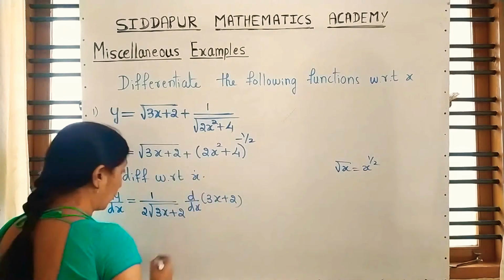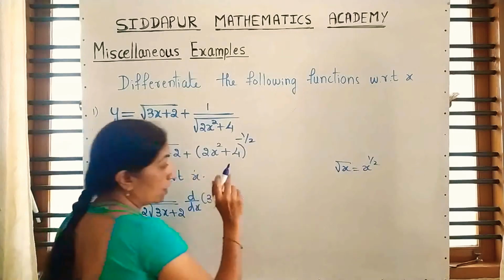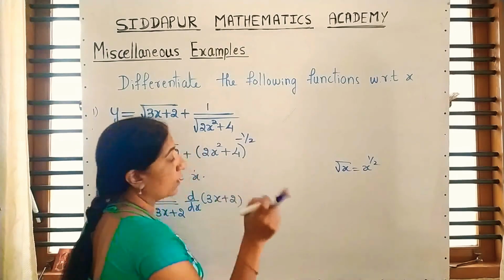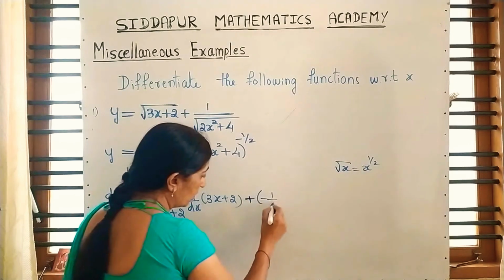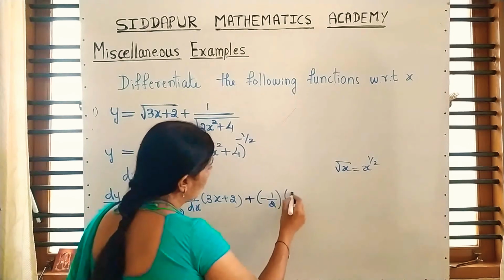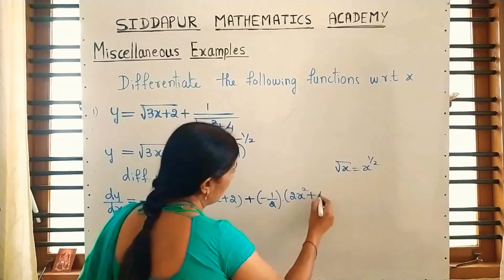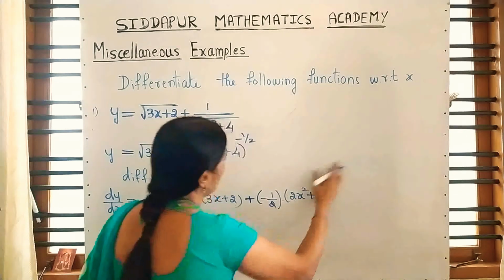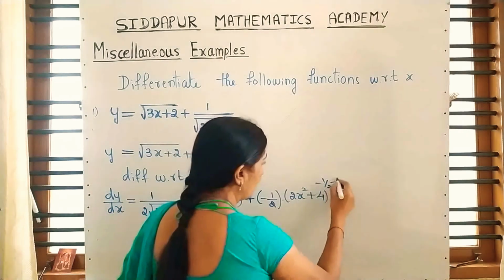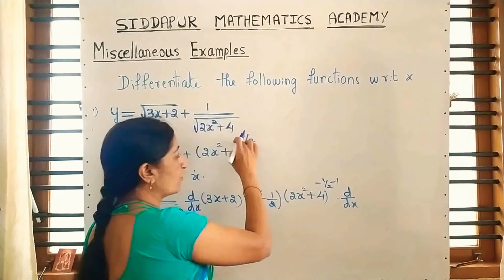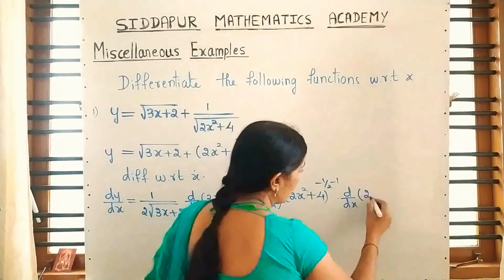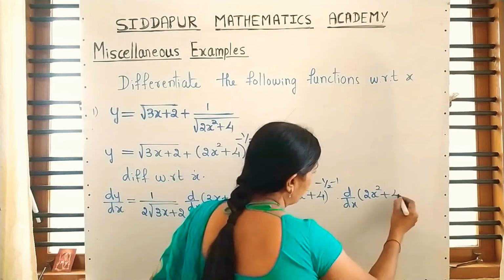Here this is in the form of x raised to n, that is n into x raised to n minus 1. This is plus and this is minus. Plus this is minus half, 2x square plus 4 raised to minus half minus 1, into differentiation of, I did the differentiation of power then base, 2x square plus 4.